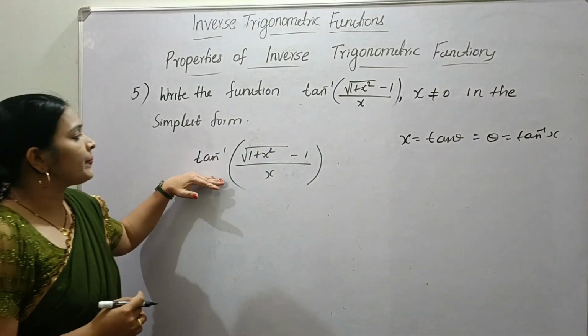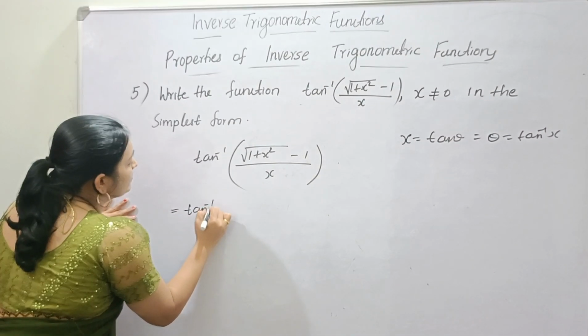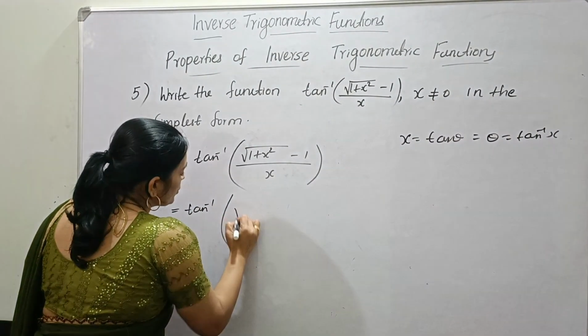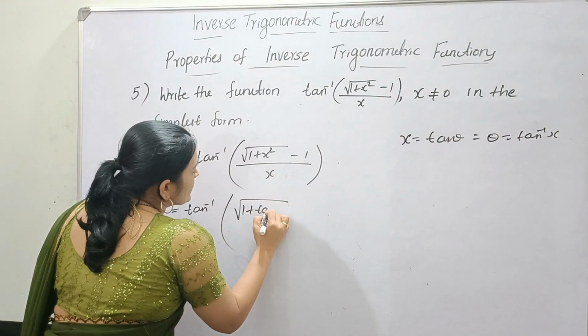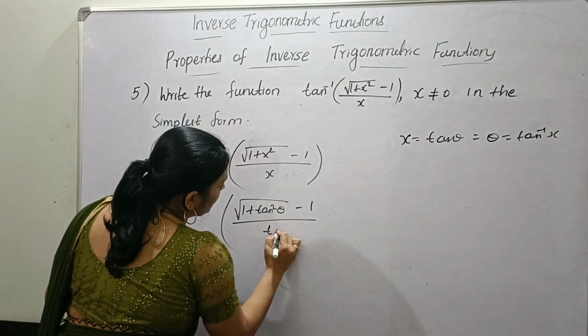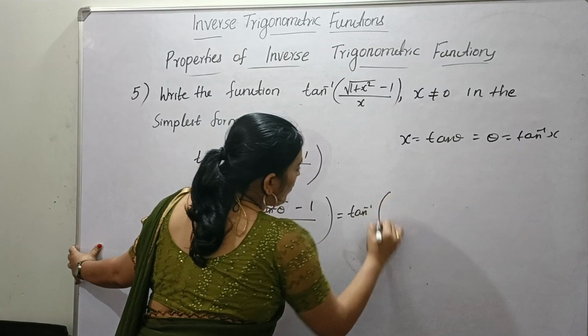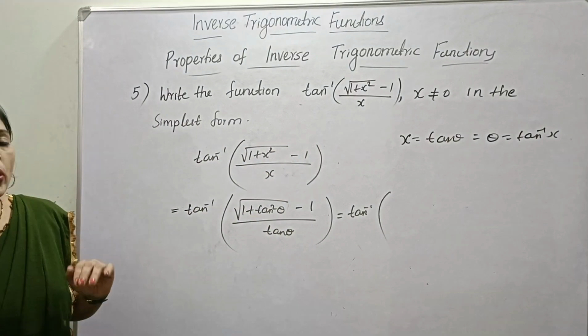Okay, so here let us substitute x is equal to tan theta, so that it will become tan inverse of square root of 1 plus tan square theta minus 1 divided by tan theta. That is equal to tan inverse of, what is 1 plus tan square theta?